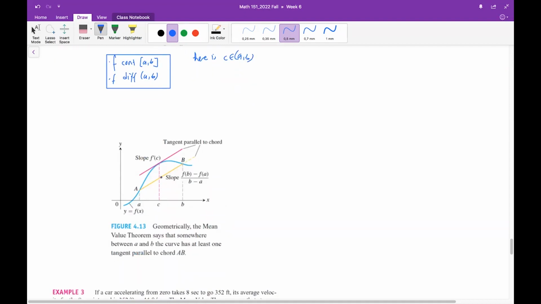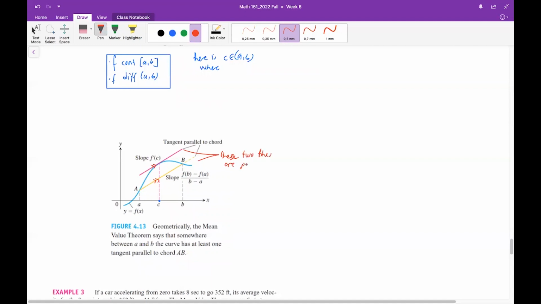Okay, we are looking at this point c now, where the tangent line is parallel to this line segment. Since they are parallel lines, like this, okay, let's indicate that they are parallel, they have to have the same slope, right? So these two lines are parallel.